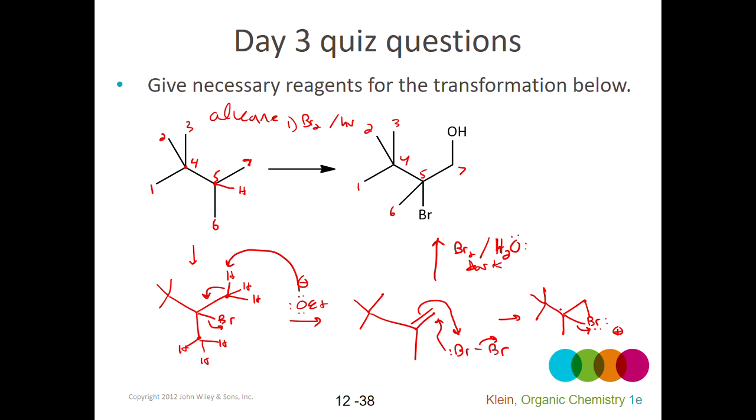That will draw in the oxygen to that site. So if you run that reaction, you'll end up with an OH connected here after the water attacks and is then deprotonated, and the bromine will end up here. You don't get the correct regiochemical outcome.